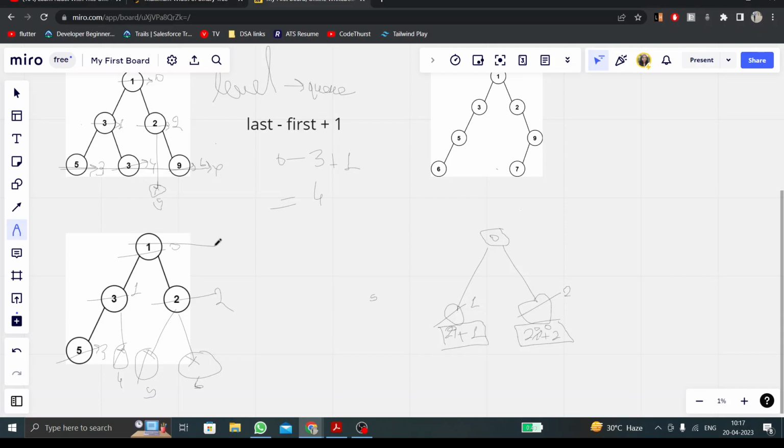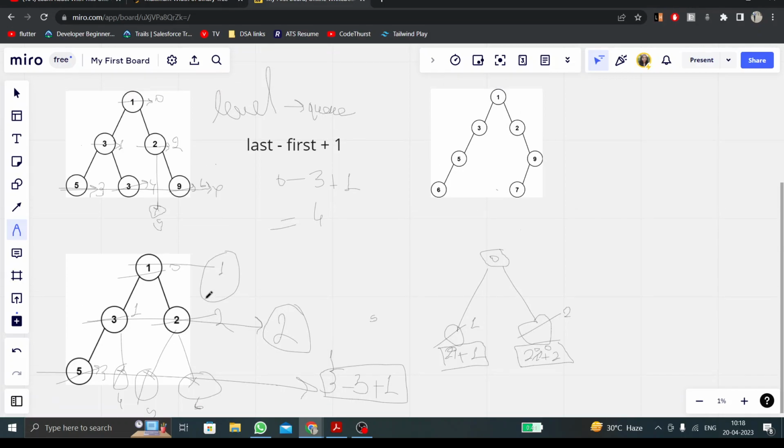Here in this level, I will get one node by this formula, last minus first plus 1. In this level, I'll get two nodes. In this level, the first node is 3 and the last non-null node is also 3, plus 1. We'll not consider these terminal null nodes. This will give us 1. And our maximum from all the levels is 2, so our answer would be 2.